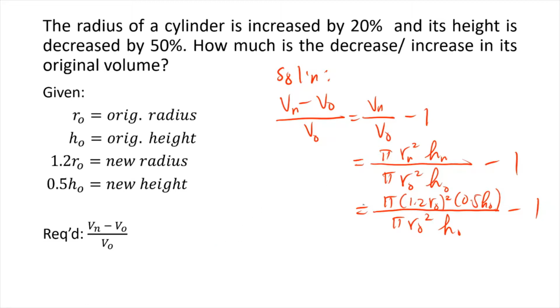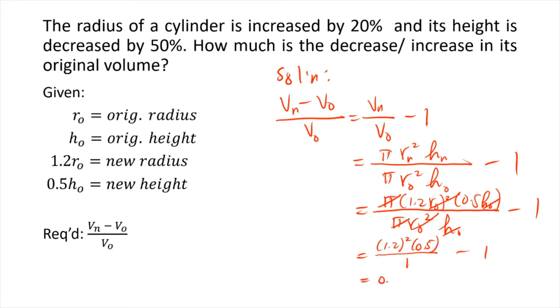We can cancel out common factors, pi RO squared and then HO, so that we are left with 1.2 squared times 0.5 divided by 1 minus 1.